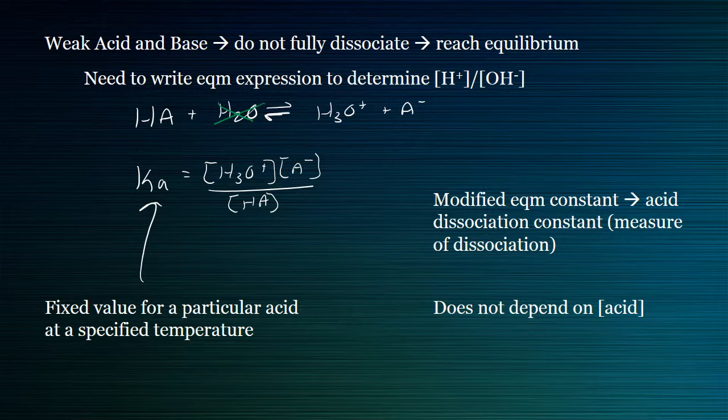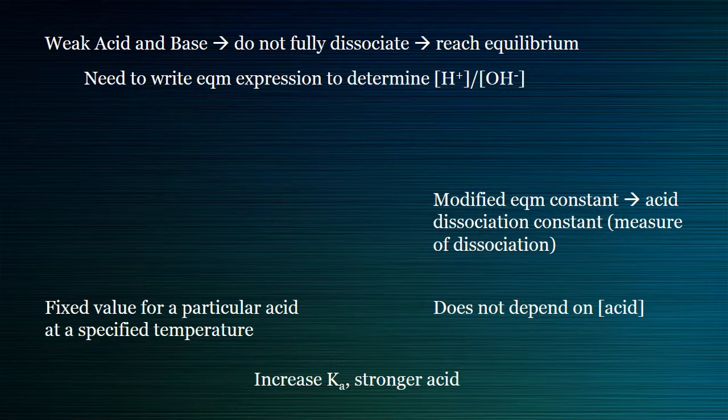And you have that in table 21 in your data booklet. And just like understanding equilibrium expressions again, if you increase your Ka, you are creating a stronger acid, because the way you get a bigger Ka is to have more concentration on top of the expression divided by a smaller value. So that is a direct measurement of your strength and how much dissociation is going to occur.